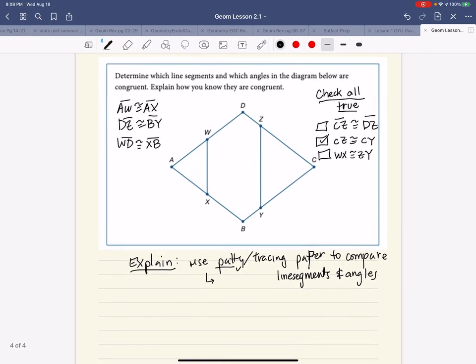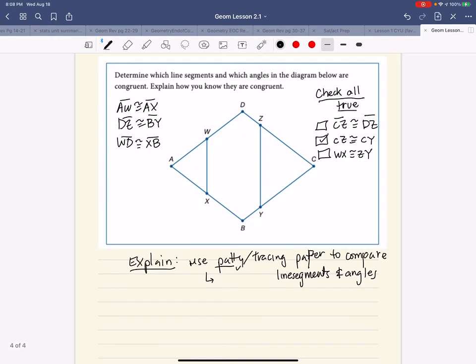When I got my patty paper out, it appeared as though these angles were the same. So that would be, yep, angle A is congruent to angle C. And I noticed that D and B were congruent. So if that was on the quiz, I'd say, yep, angle D is congruent to angle B.